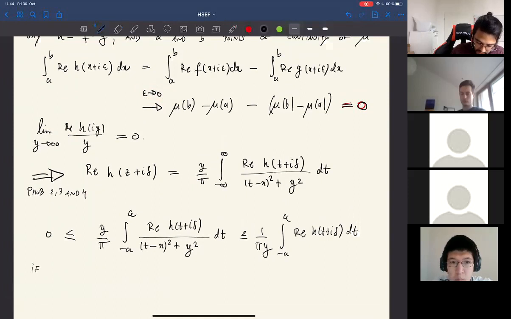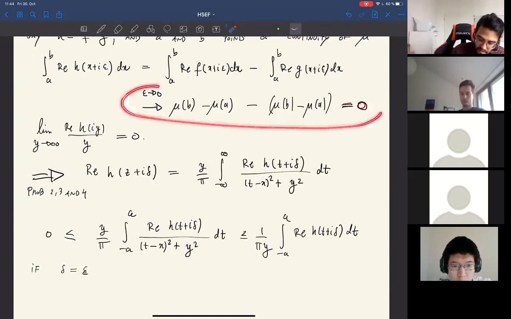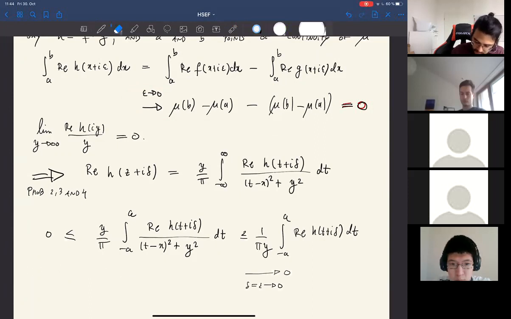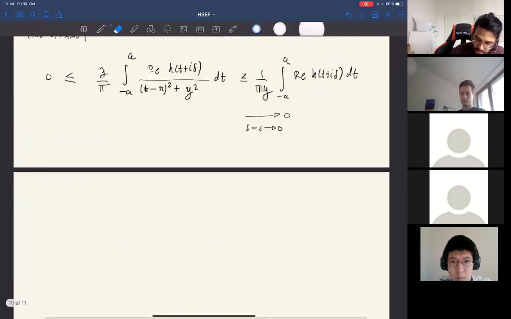So if I take delta equals epsilon, those sequences of epsilon converging to 0 for which this calculation here was possible, then I know that this bit here converges to 0. So let's say delta equals epsilon is going to 0. Okay.